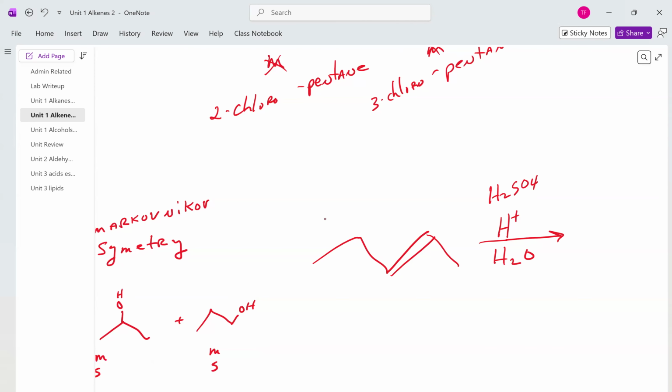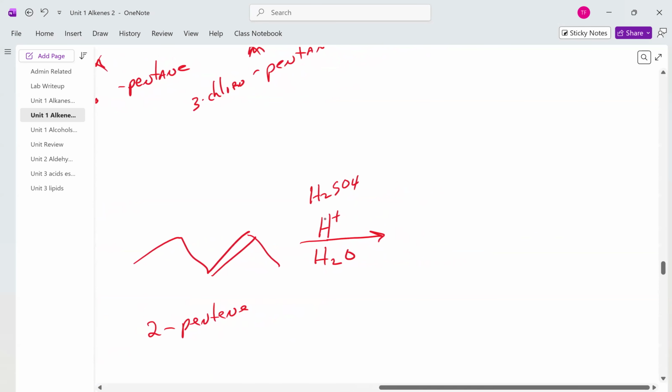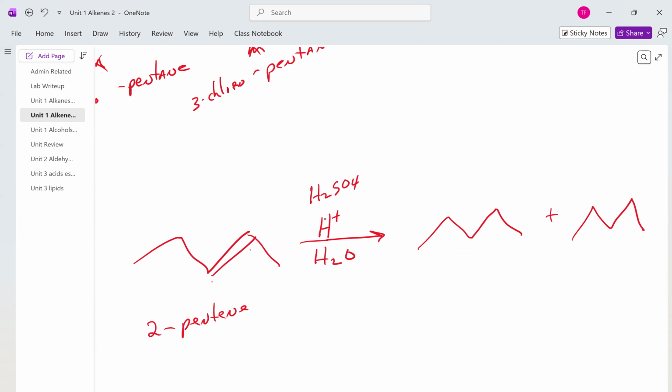Okay, so this is going to be 1, 2, 3, 4, 5. So that's going to be 2-pentene. We're going to add water, acidic water. The water is going to add, because it's hetero now, you're going to get a mixture where the OH is going to be here once and the other time it's going to be here.